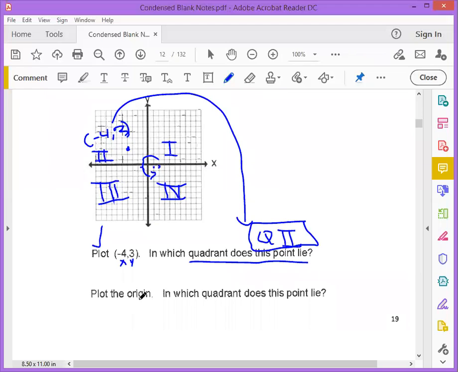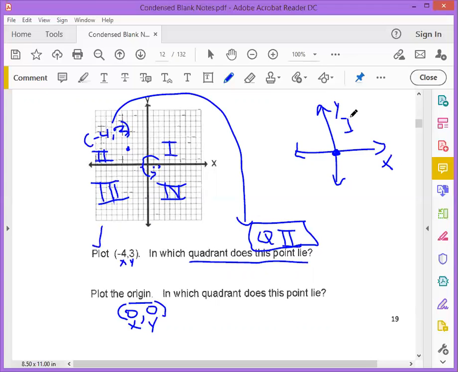Now plot the origin. In which quadrant does this point lie? When we plot the origin, that is at 0 and 0 on the x and y axes. So I'm going to draw another coordinate plane here, our y-axis and our x-axis. The origin will be right here in the middle.